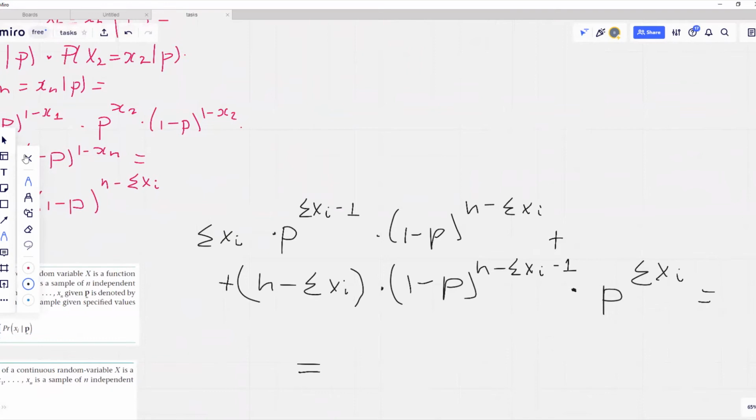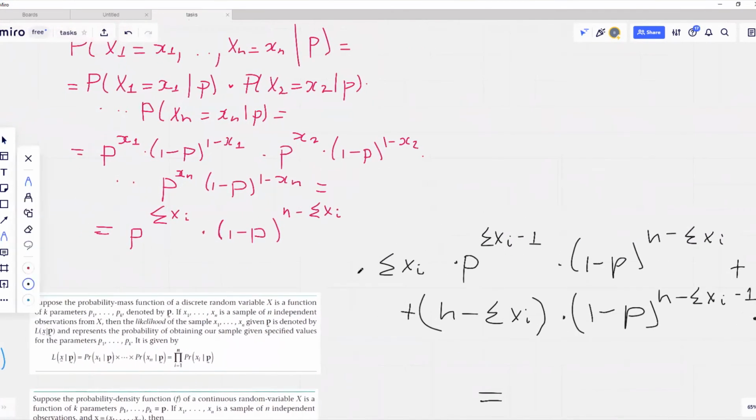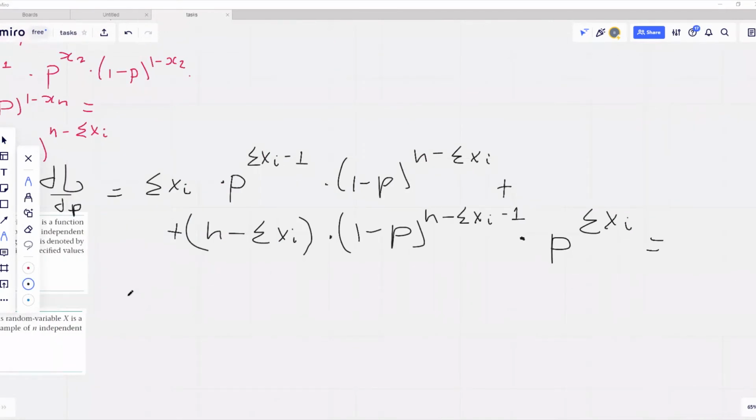Now, here we found the derivative of our likelihood function with respect to p, which is equal to, if we factor out p and 1 minus p, p to the power of sum of xi's minus 1, 1 minus p to the power n minus sum of xi's minus 1.